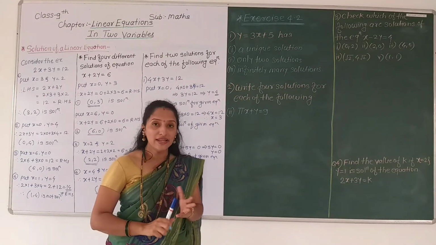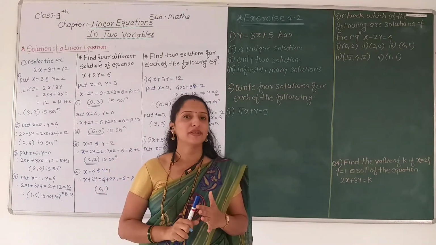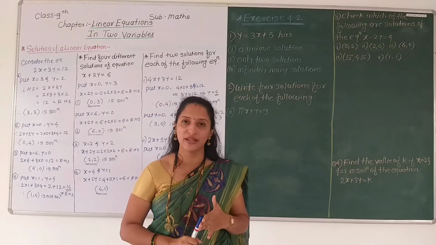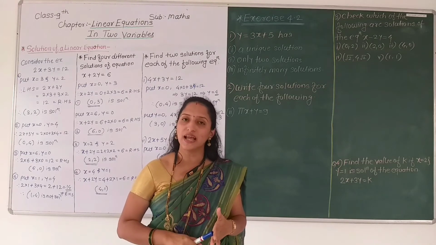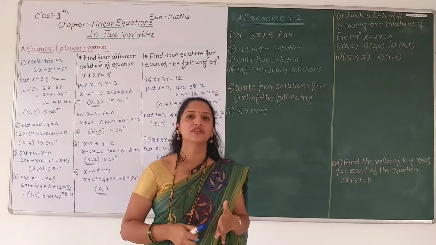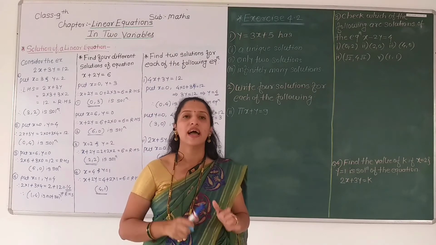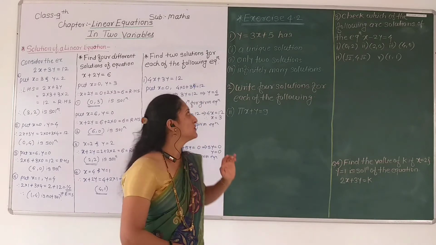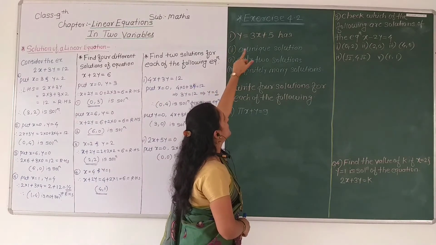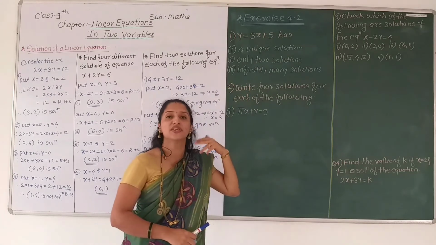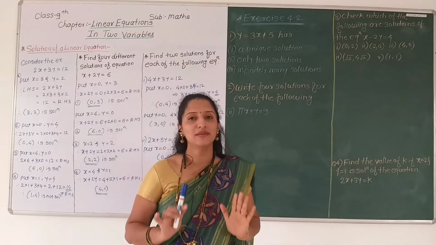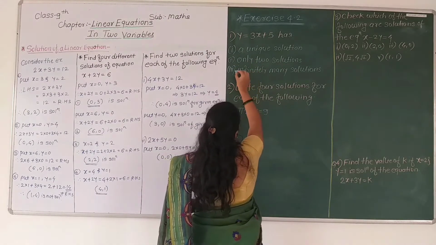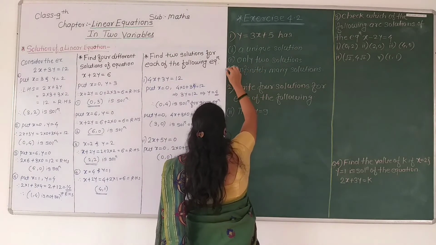Now y is equal to 3x plus 5. It is a linear equation in two variables, and we have learned that every linear equation having two variables has infinitely many solutions, right? So the correct option is infinitely many solutions. Why?